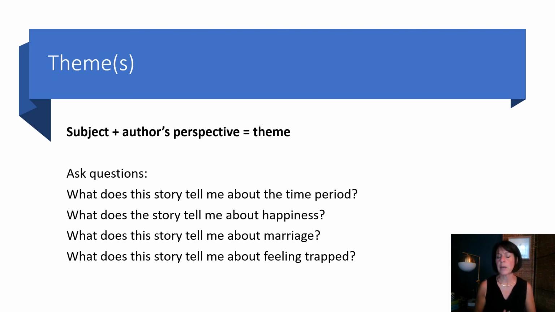What does the story tell me about the time period? What does the story tell me about happiness? What does the story tell me about marriage? What does the story tell me about feeling trapped? And if you can answer those questions, you're working your way to figuring out, okay, what do I do with the story? What does it mean? What does it take away?